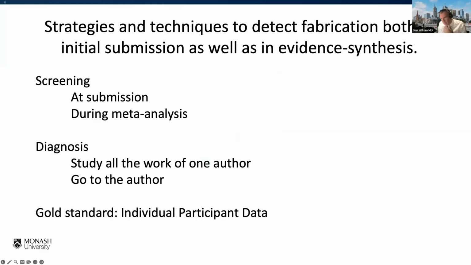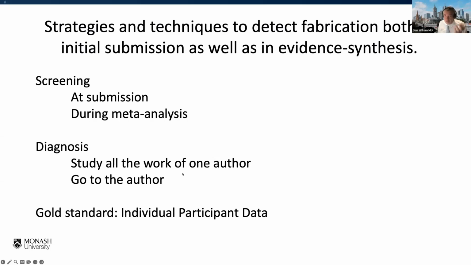Then, and I will not talk too long about that, what can you do about that? Well, I think an important moment is submission of papers. I saw a couple of editors and people working at editorial boards among the audience. That's great because it's really important that they are alerted to this problem. And then secondly, during meta-analysis, you can study the work of more than one author.